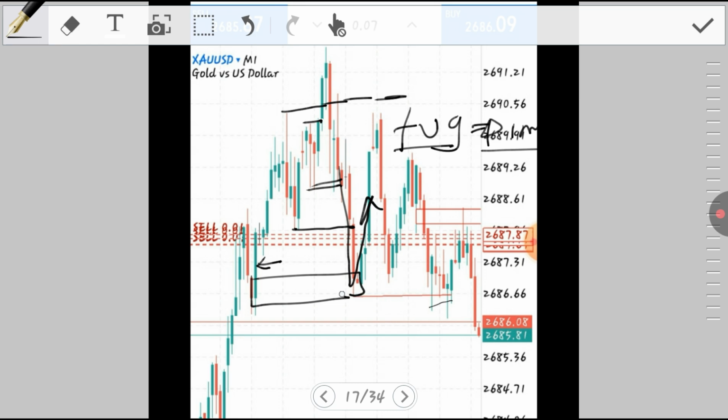Now if you look here again, down here, there was some retracement, so inducement was taken out. Now there is a hidden zone within the wick here.